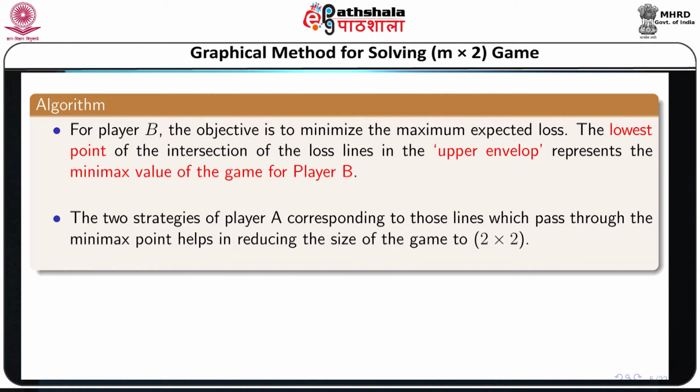Therefore, the lowest point of the intersection of the loss lines in the upper envelope represents the minimax value of the game for player B. The two strategies of player A corresponding to those lines which pass through the minimax point help in reducing the size of the game to a 2 by 2 game.